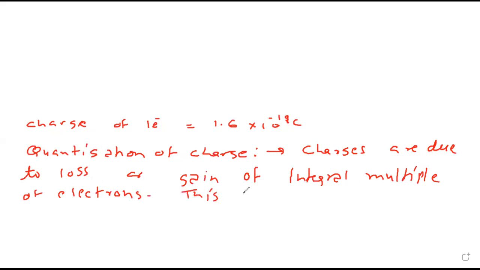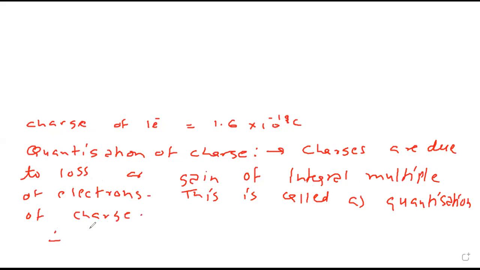This is called quantization of charge. Therefore, Q is plus or minus Ne. Q equals plus or minus Ne.